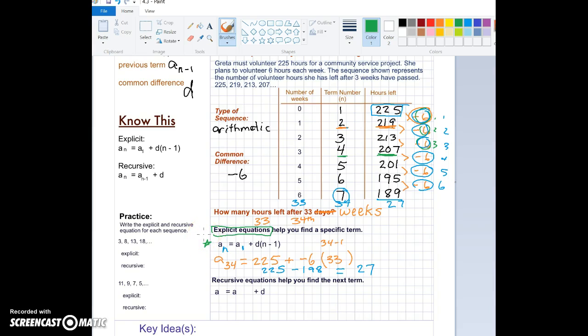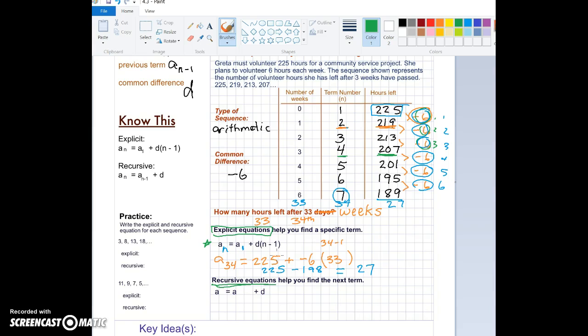Now, there's another equation you can write, and that's called a recursive equation. With recursive equations, you don't have to do any plugging in. You just have to know what the previous term was. The recursive equation is what we automatically do already.